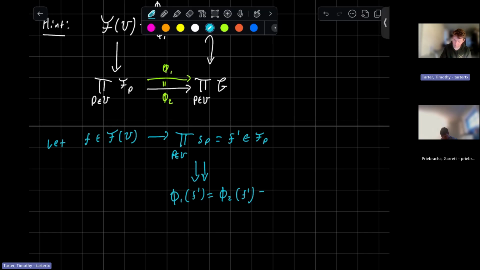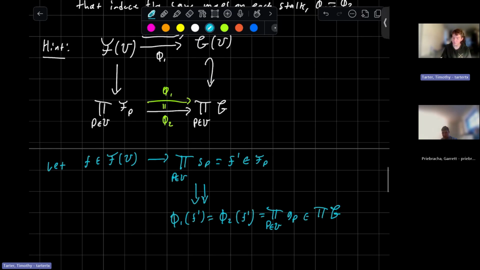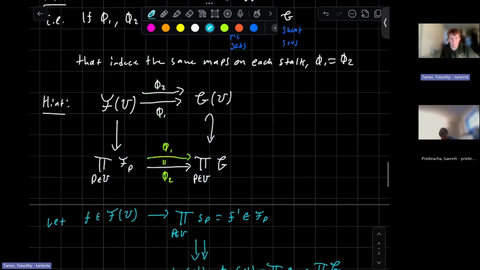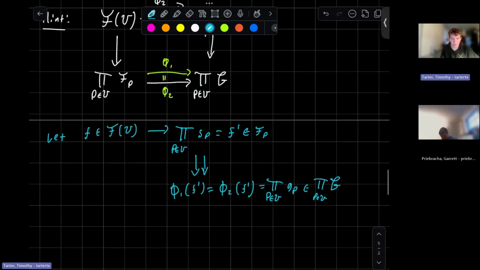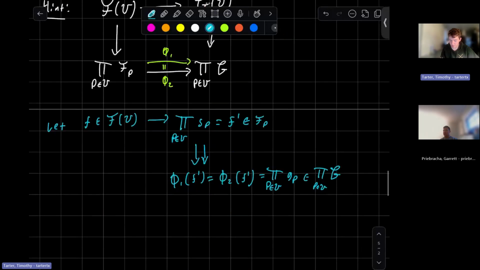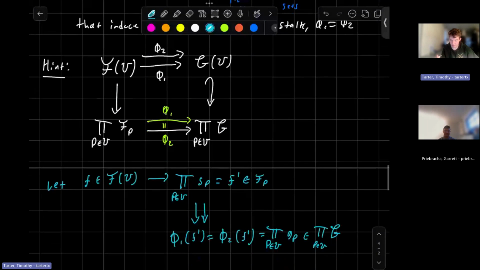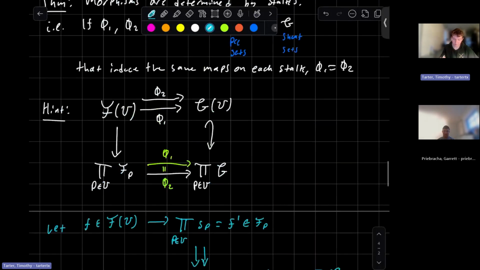So F prime is equal to the product of GP in the stalk G. But then there's an injection to these things. So if these two things are equal, then they have a preimage through this map.